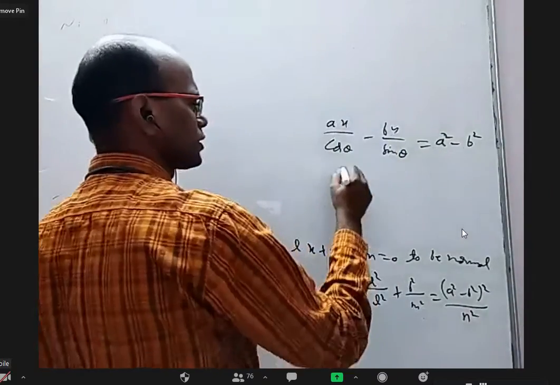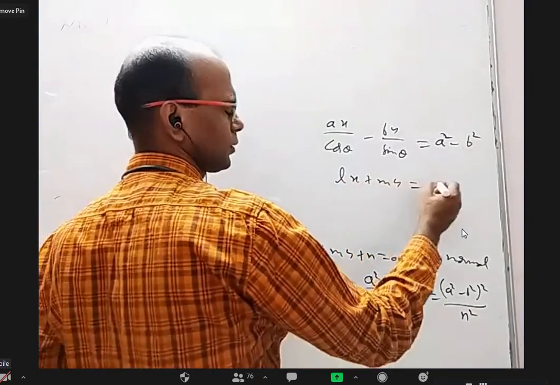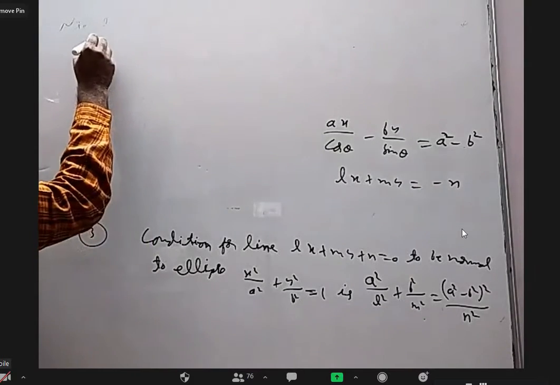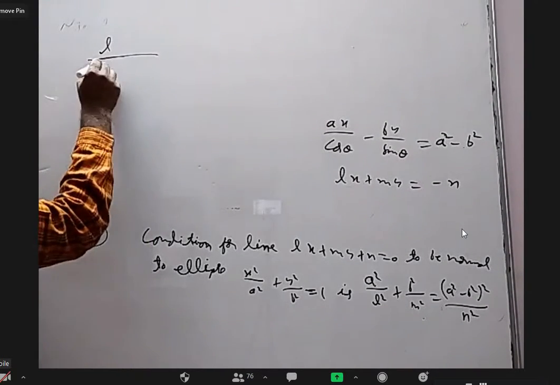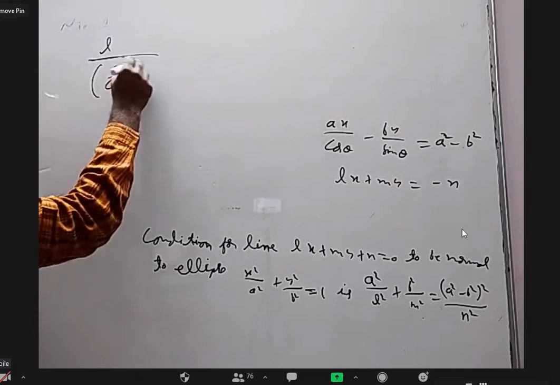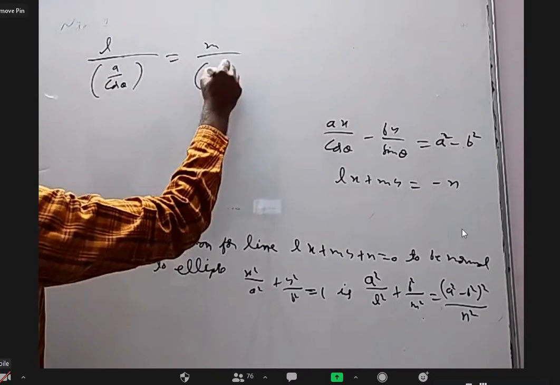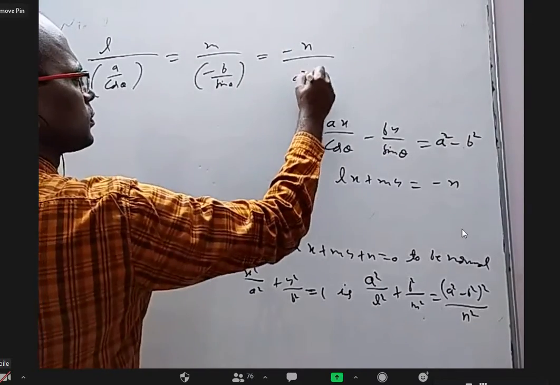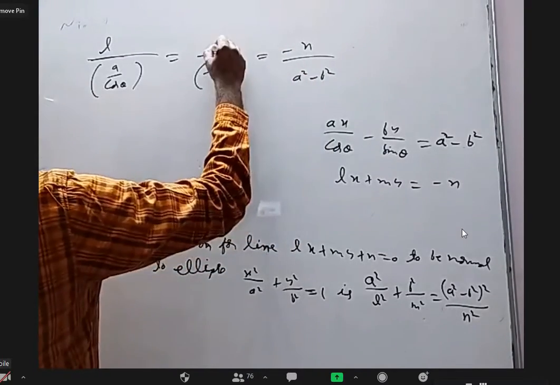So I want to compare this with Lx plus my plus n, so minus n. And you divide, you will get l by a cos theta, m by minus b sin theta equal to minus n by a square minus b square.